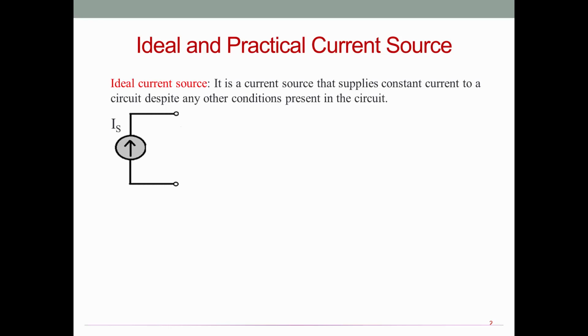Say for example, I am choosing a current source Is which normally has infinite resistance. This is the representation for an ideal current source. When I connect a resistive load across this current source, it will take the current I, where I and Is are both the same in this circuit.